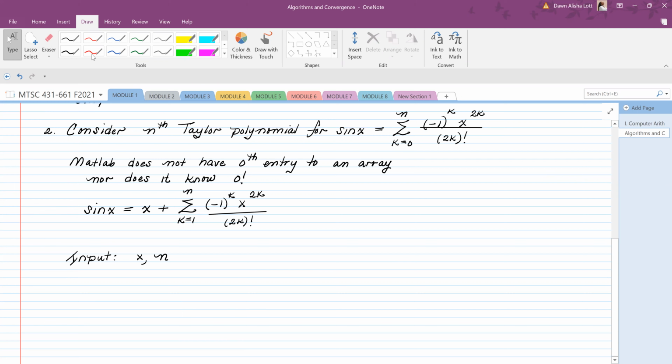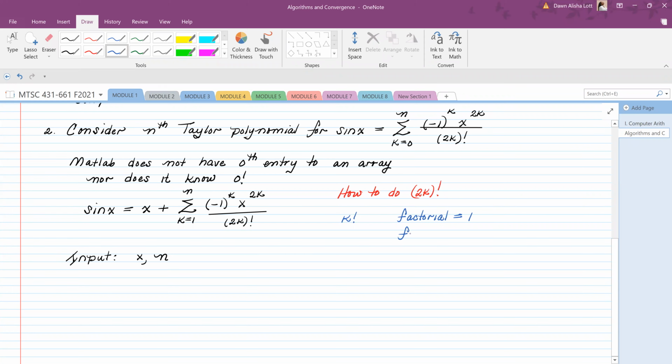Okay. All right, because k factorial is easy. So we would start off with factorial would equal 1.